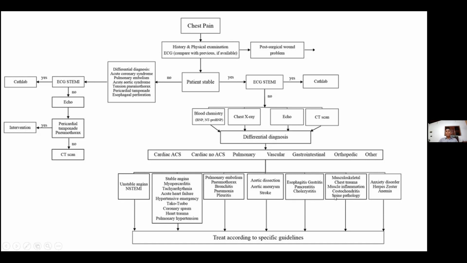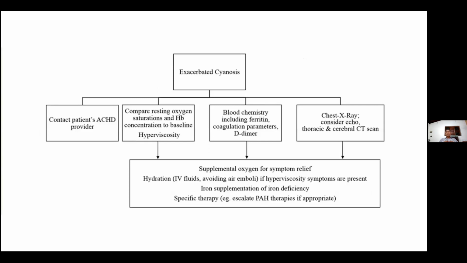I won't mention the other medical problems here, which is beyond the scope. And this one I will mention, this is the main topic here. Most of the cyanotic heart disease patients, either if they have been operated already or if they have not undergone operation and are undetected or palliated, can come with exacerbated cyanosis.